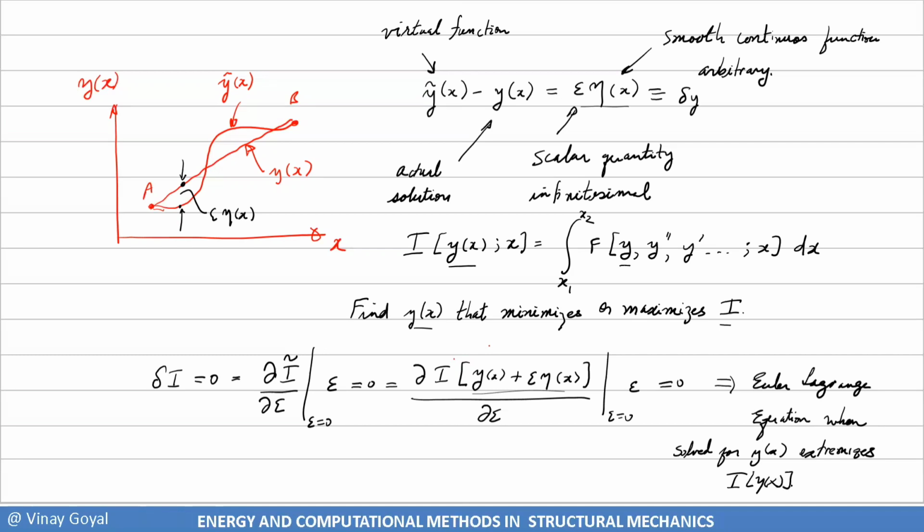So there's a function y that, in this case for the straight line, minimizes I. And for any other curve, I will be larger. But the one that causes I to be the smallest is a straight line for this particular example.